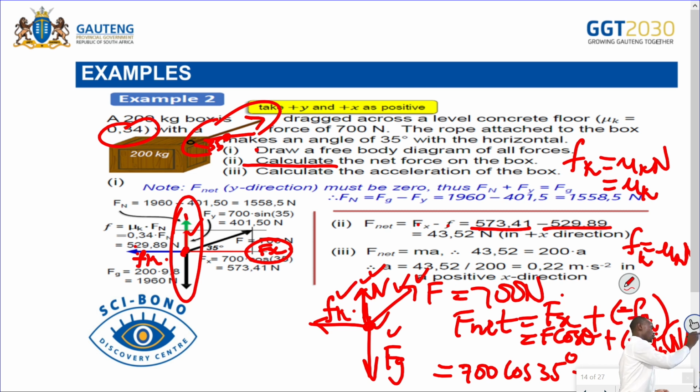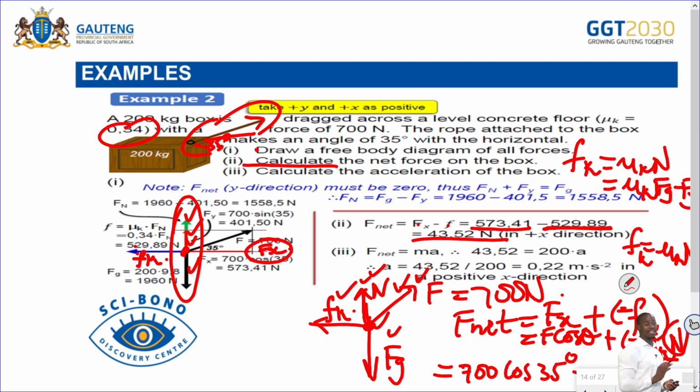There are 3: normal force, Fy, and Fg, right? So my normal force here will be Fg minus Fy. They've done that here. Then mu k times (Fg minus Fy) is 529.89. Then my F net will be 43.52.